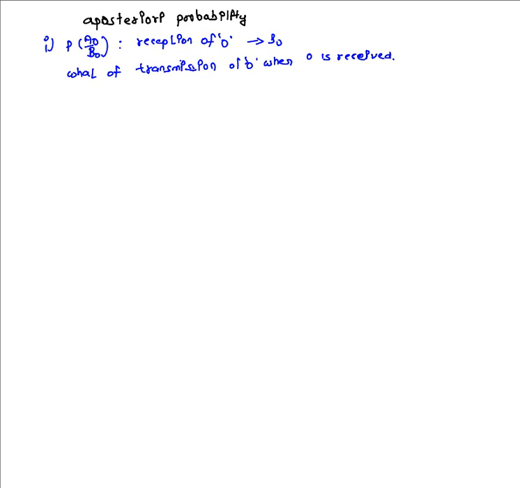So this is called a posteriori probability because the event is already happened. What is the event?